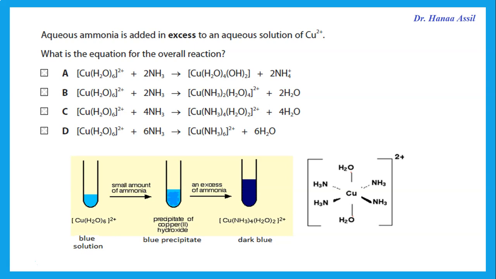This is the copper hydroxide. But if we add excess ammonia, then we form the copper 4 ammonia 2 water complex, and that is a dark blue solution. So you should realize that this is the equation when we add excess ammonia to copper 2 plus solution.